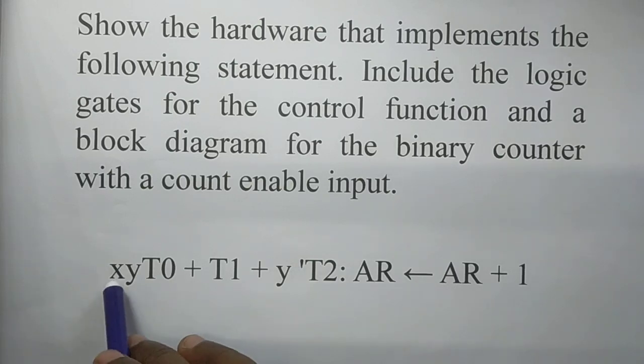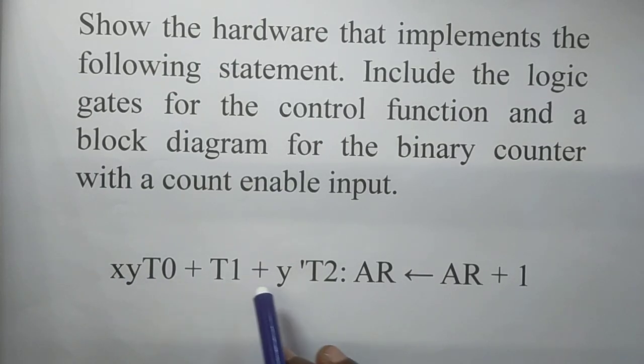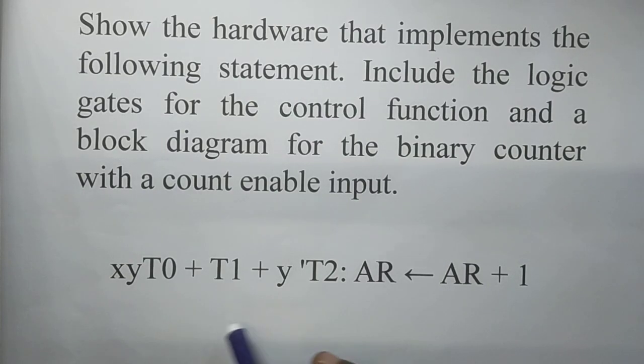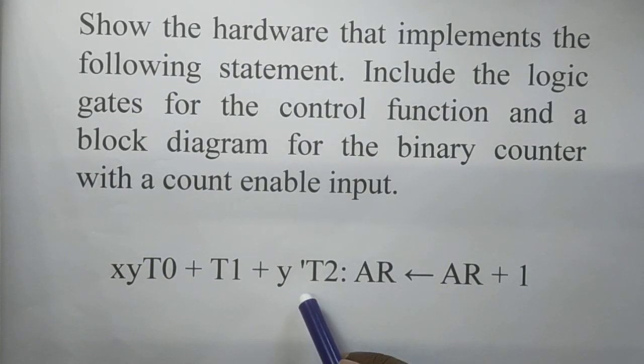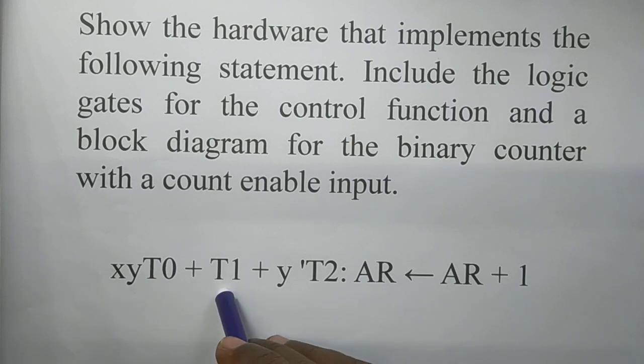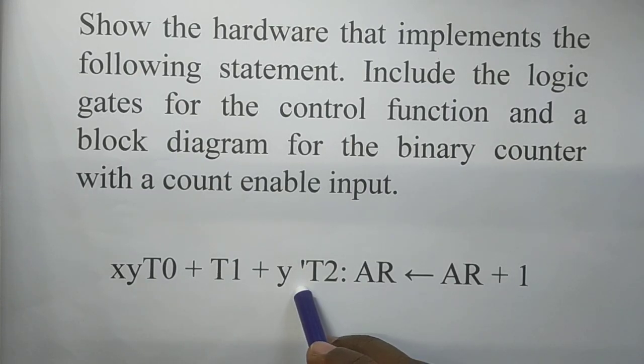Again, these three terms, this one, this one and this one, are combined and given as inputs to an OR gate. One OR gate will be considered, and that OR gate takes inputs from these AND gates, and this is simply T1, another input.